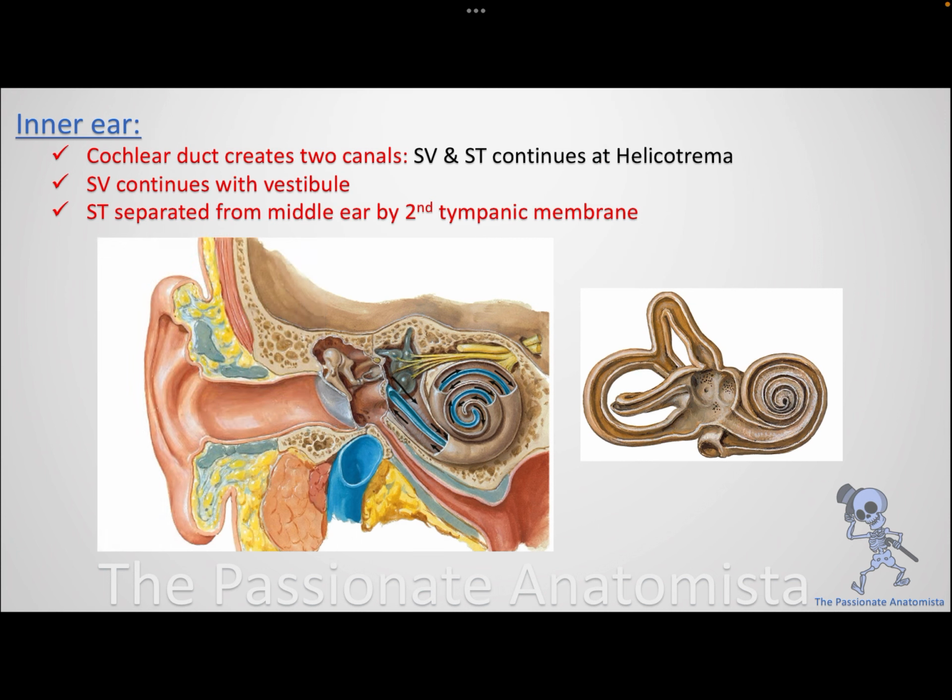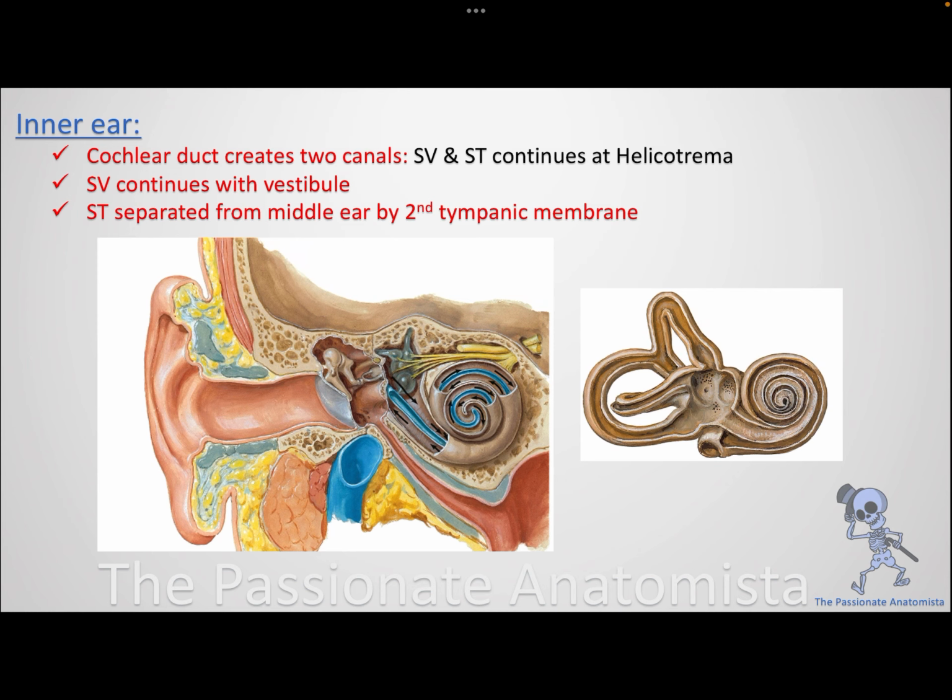There is a very important piece of information which sometimes confuses students. When we talk about the internal structure of the cochlea, we have something called scala vestibuli, scala tympani and scala media. What is this actually? I want you just to think about the membranous part and the bony parts of the cochlea.